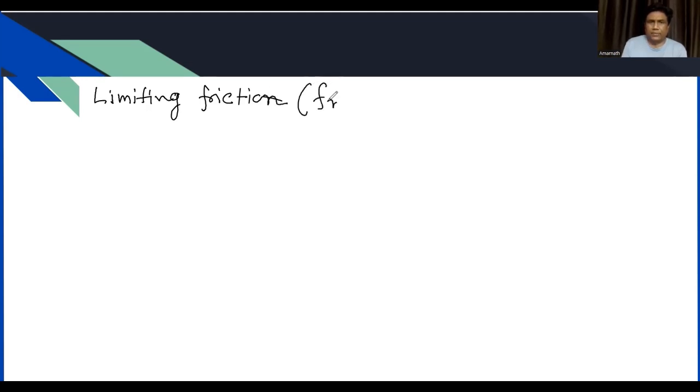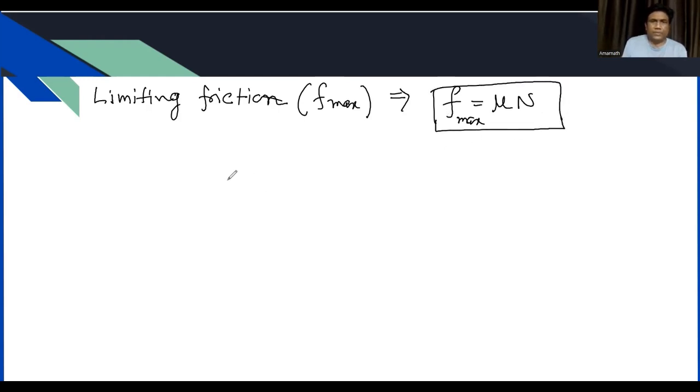Or this is called F max, that is what we get. It is mu into N. So this is the maximum force that can be given by two surfaces in contact.